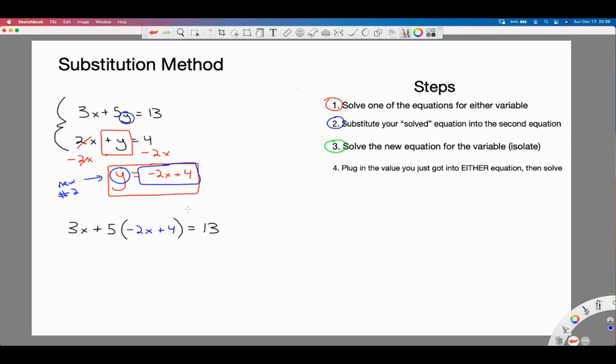And step 3 for this one looks a little different now because we have those parentheses. And whenever we see those parentheses, I know we've hammered this down for a couple modules here. But whenever we see those parentheses with a number directly outside of it, there's a specific property that we like to do in order to simplify those parentheses.